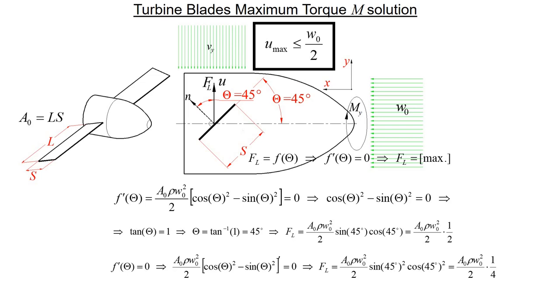According to Betz's law, no wind turbine of any mechanism can capture more than 16 divided by 27, or approximately 59%, of the kinetic energy of the wind.